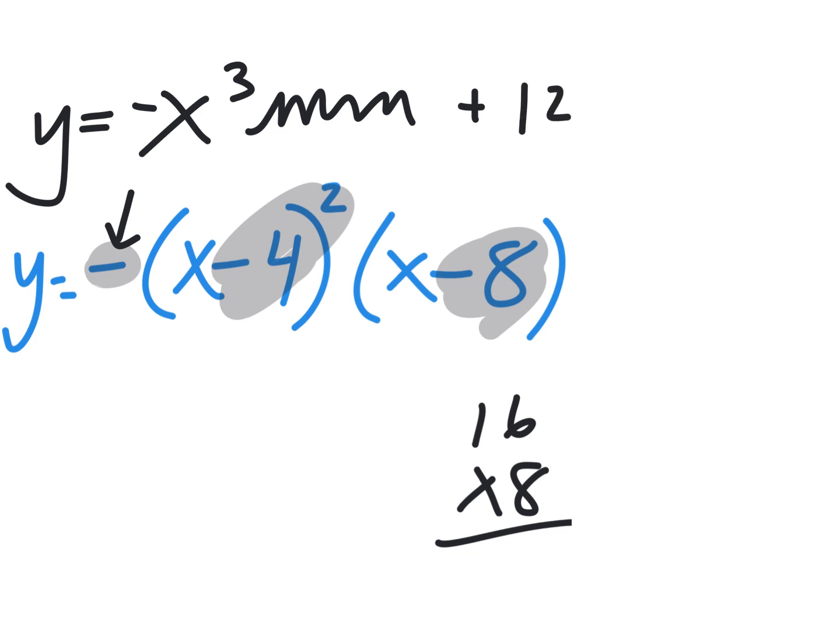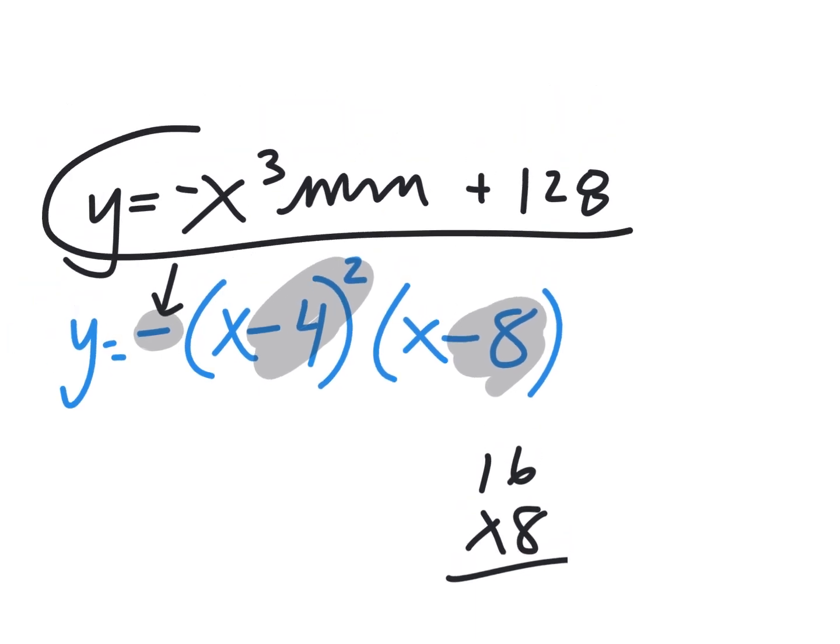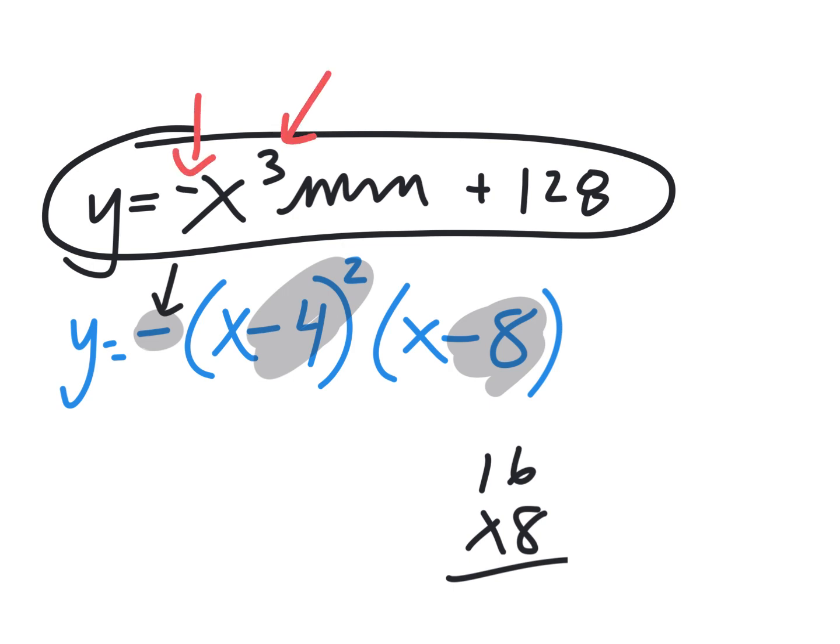Sounds believable. Can anybody verify 128? Okay, good. Then that's the first step. You figure out the beginning of the story because now I know it goes down on the right. Has to be going the opposite direction on the left because it's odd. It's degree 3, and it has a y-intercept of 128. Think you could do all that?